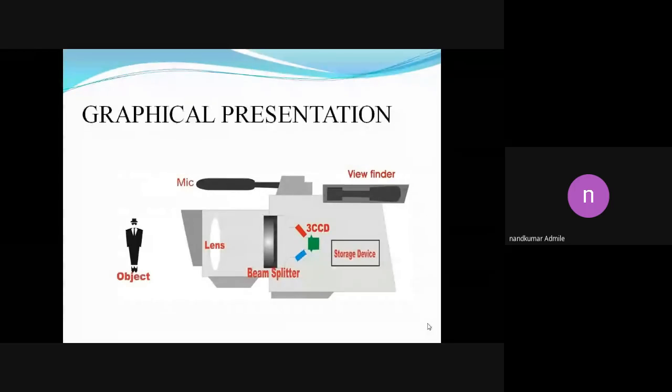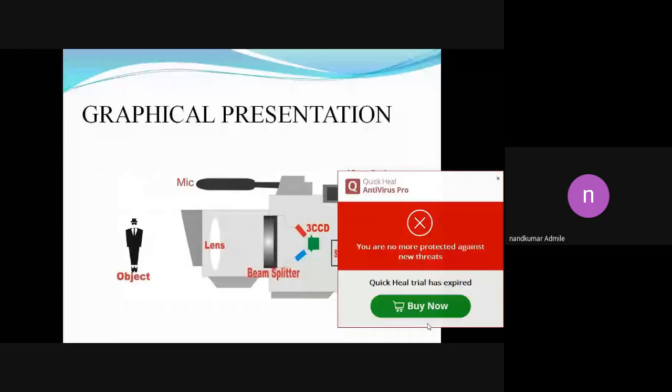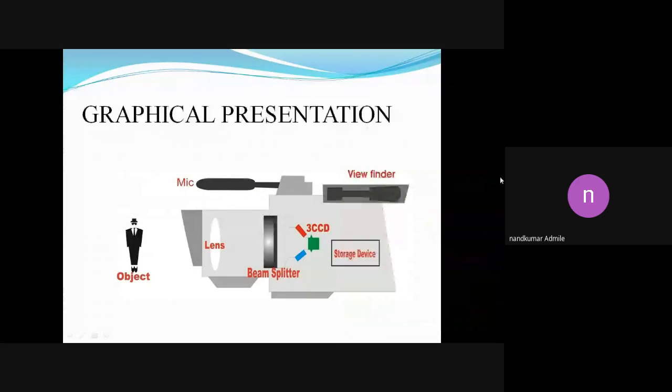By using the lens and the beam splitter, we use the imaging device as a charge coupled device. The most commonly used imaging device is the CCD. By using a beam splitter, we can focus the light on an object through the lens, and we can capture the video, and that video we can store inside the storage device.